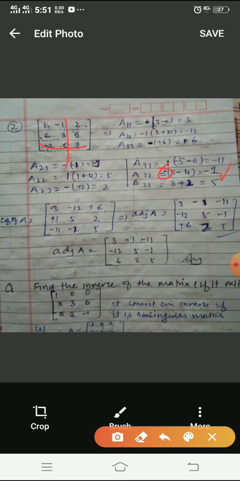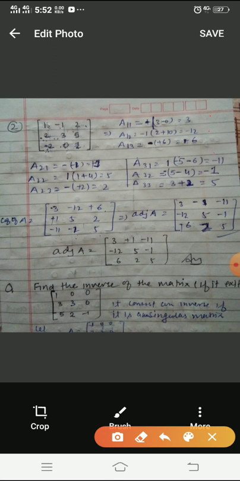Get it? Similarly. Okay. Now what? We are already getting all these elements, all the rows. Place all the cofactors of this matrix in their respective positions. Clear? Now put minus 3, 12, 6.